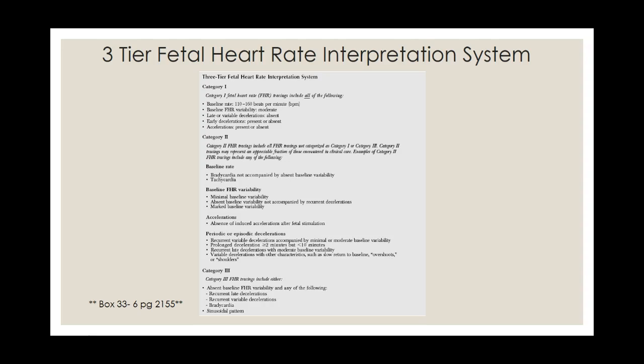For the baseline fetal heart rate variability, you may have minimal baseline variability, absent baseline variability, or marked baseline variability. And there is an absence of induced accelerations after fetal stimulation. And then we can also have periodic or episodic decelerations, and that has to do with whether or not there are contractions.